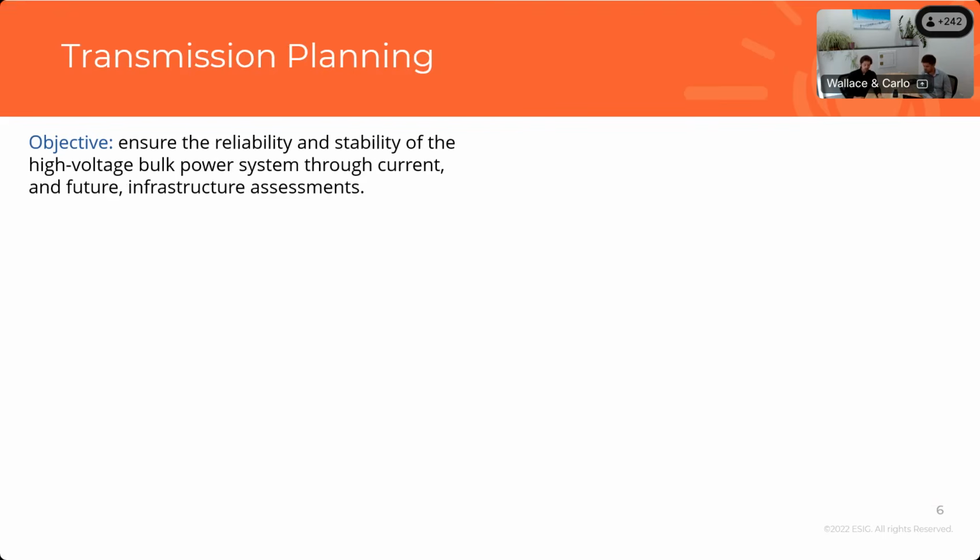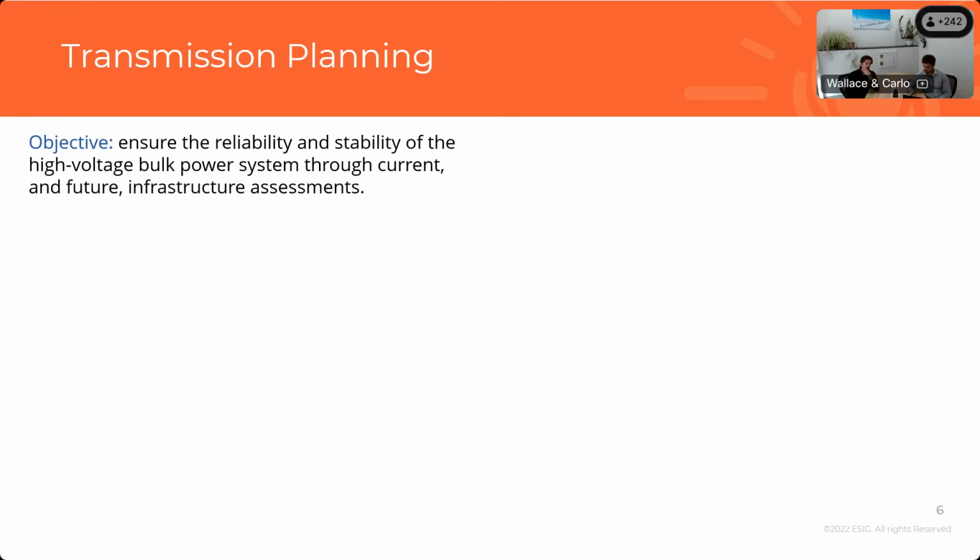So my role as the transmission planner, it's a variety of different elements in the minutia of what we're up to in the transmission planning domain. But writ large, my primary objective is to ensure the reliability and stability of the high voltage mesh interconnected bulk power system.